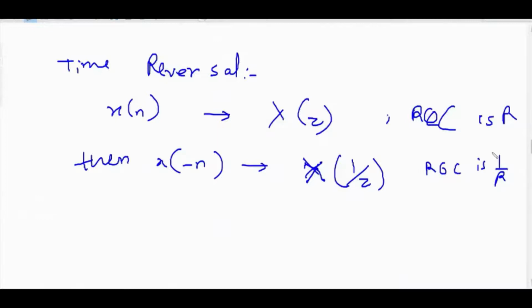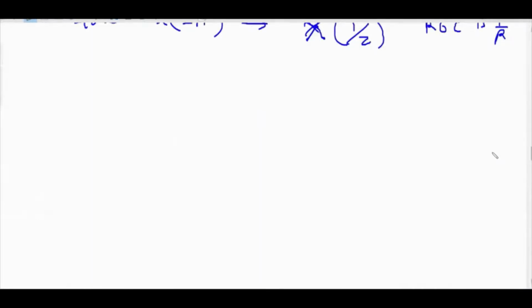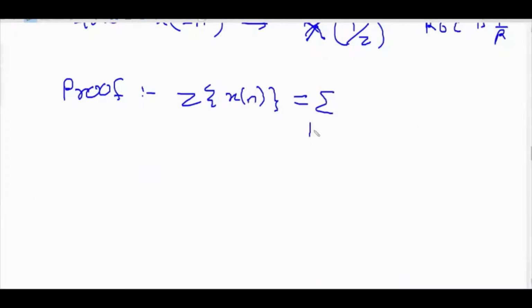For proof, you can go for the definition of Z transform. Just write the definition and put n equal to minus k, and you can verify that property. Proof: by definition, x of n has Z transform summation n equal to minus infinity to plus infinity x of n z raised to minus n. This is the definition of Z transform.